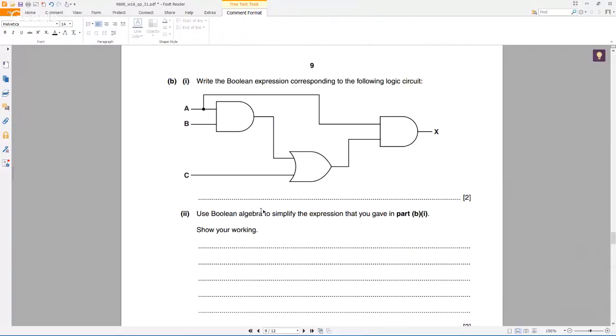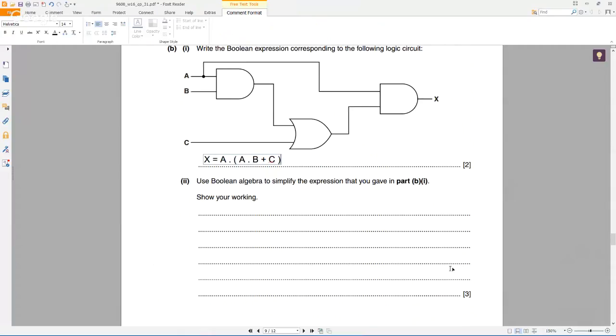Let's start from X. So X will be the AND where the first input of the AND is A. So A AND something between parentheses, because it's a sub logic circuit that is not yet resolved. Then we need to do an OR here between A and B and C. So A and B plus C. That's basically how you convert this. You start from the right and then you move to the left.